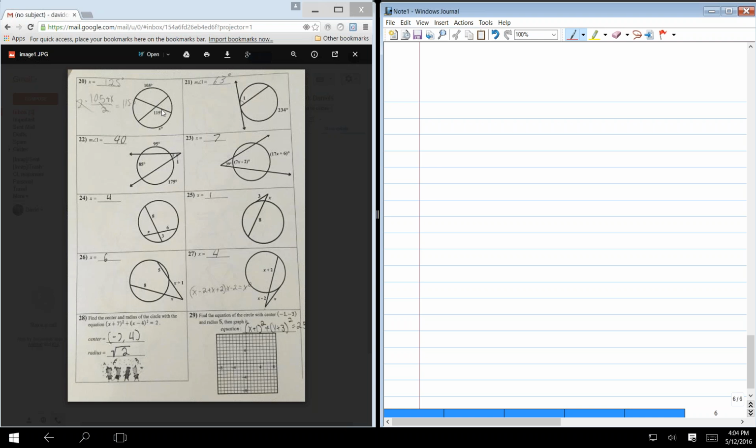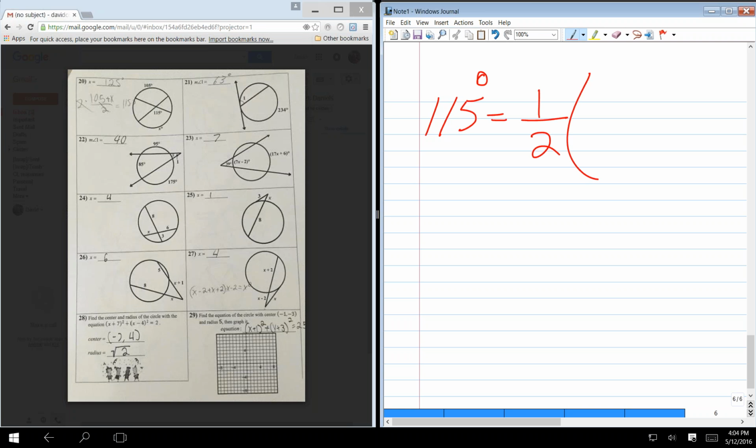If you have two intersecting arcs that don't intersect at the center of the circle, then that angle, which is the same as its vertical angle, 150, let's start with that in our equation. It's half of the sum of the arcs, meaning it's the average of these two arcs.